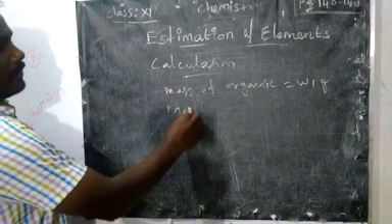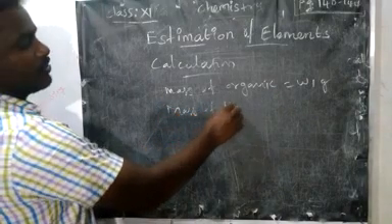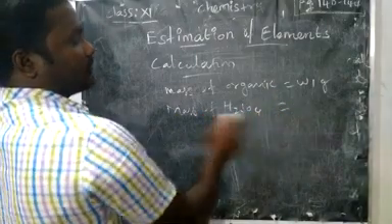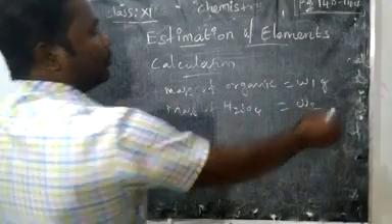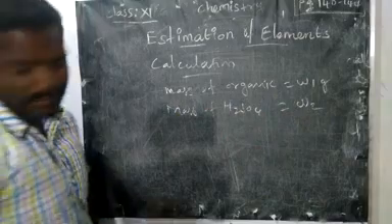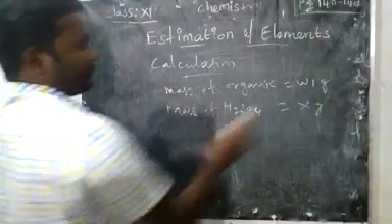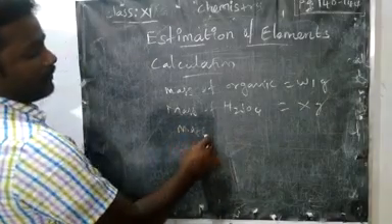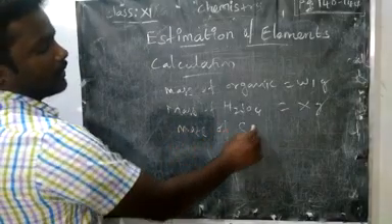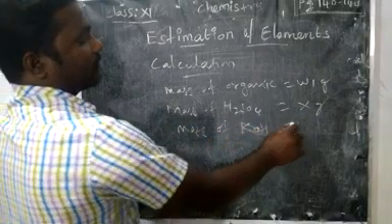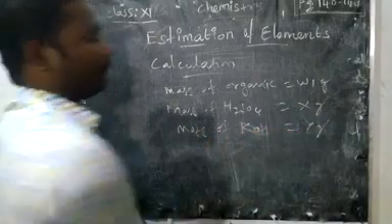Then the mass of H2SO4, how much? W2 we can say, or we can take X gram. Then the mass of carbon dioxide, here we can write KOH, that is Y gram.